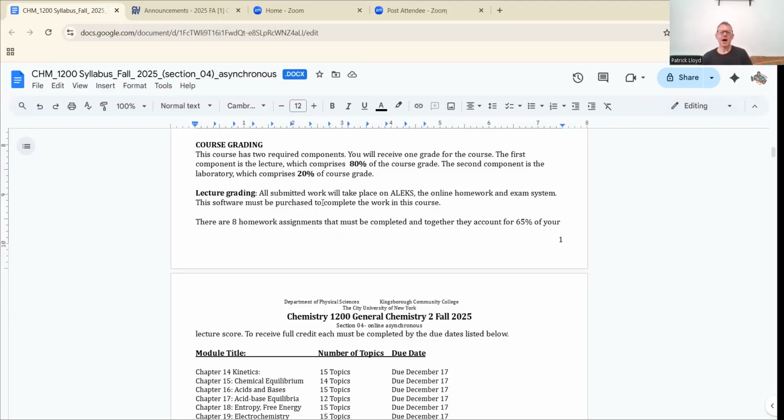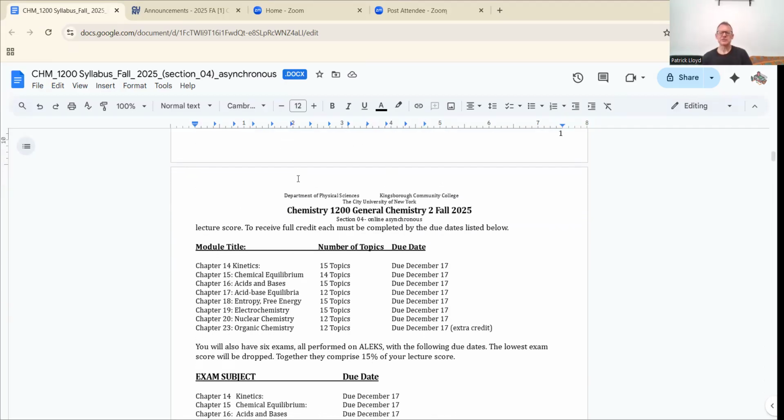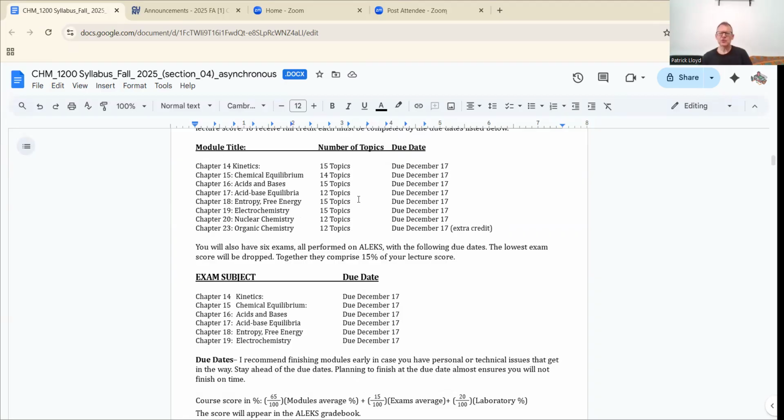Okay. So there's some details here about points and stuff. Essentially, what I've done for this semester is I've made everything due the same day. Now that has some benefits, but it also comes with risk.